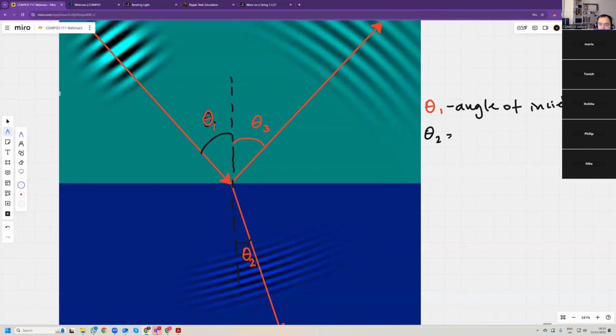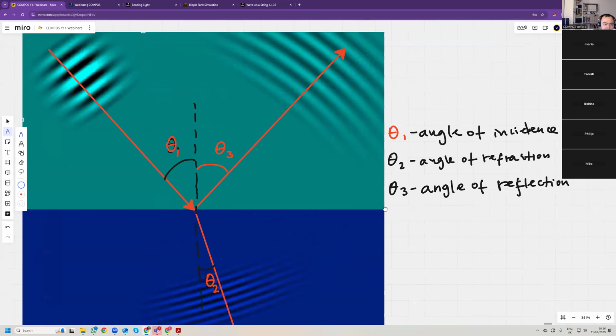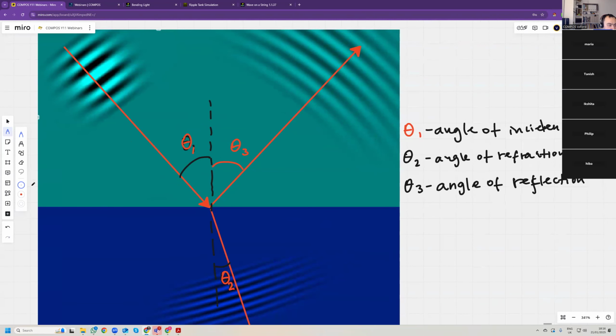Theta 2 is the angle of refraction. And theta 3, angle of reflection. Okay, the law of reflection says that theta 1 is always equal to theta 3. That's the law of reflection.